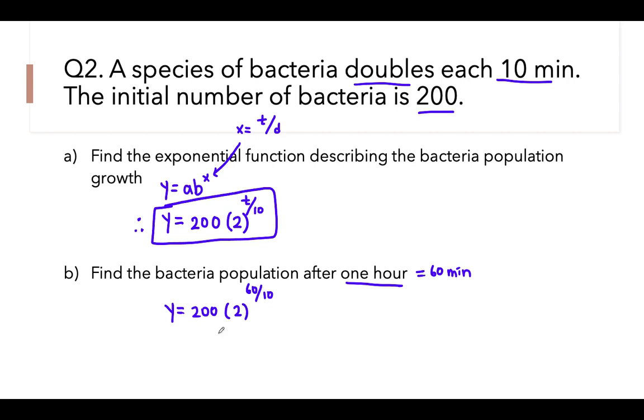So simplify 2 to the power of 6 first, which will give me 64. Then multiply by 200, and it will give me 12,800 bacteria after 1 hour.